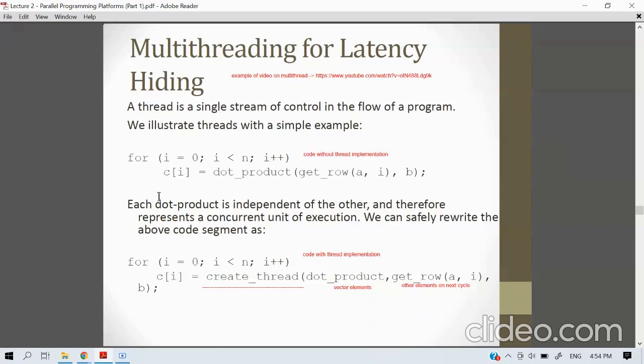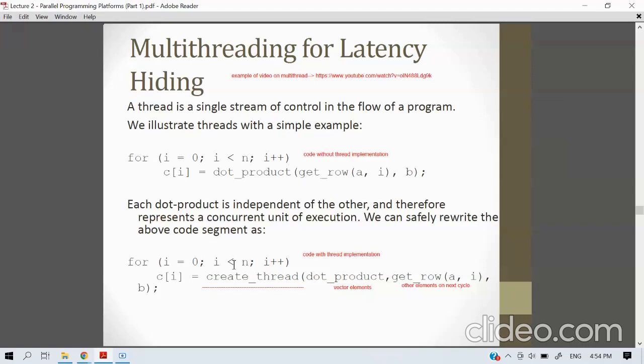Each dot product is independent of the others. So assume that dot product is independent and therefore represents a concurrent unit of execution. So we can implement a concurrent execution of dot product. We can safely rewrite the above code statement as follows.